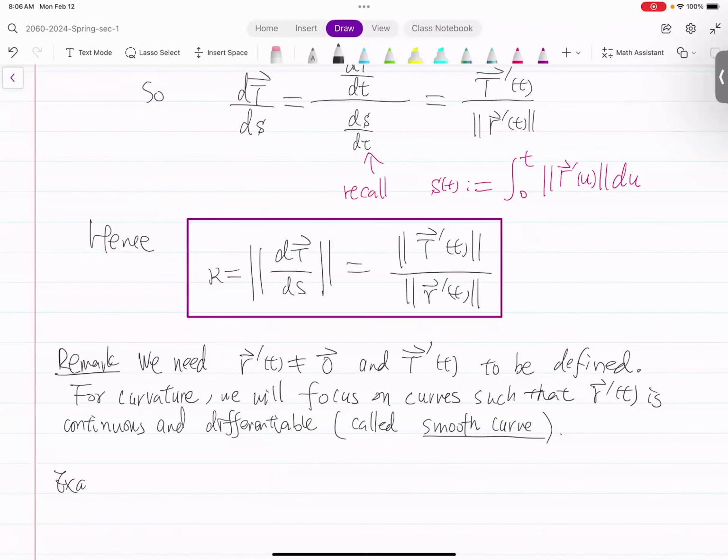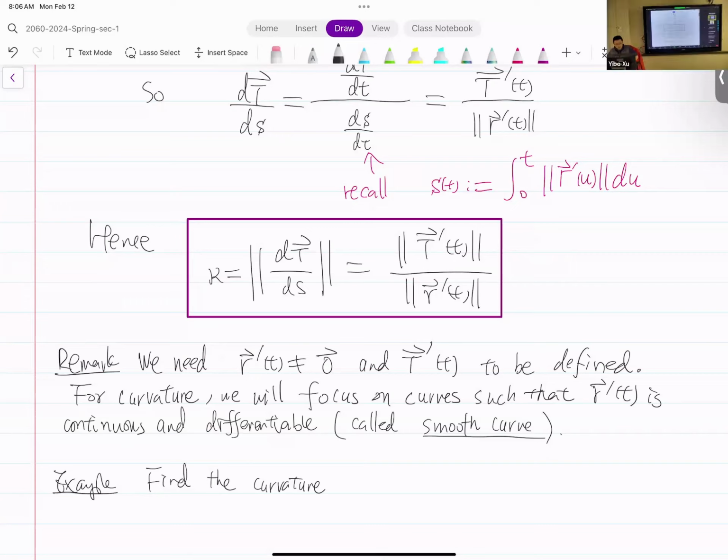Example. We want to find the curvature of the space curve R of t. That is actually the circle with radius R within the xy plane.